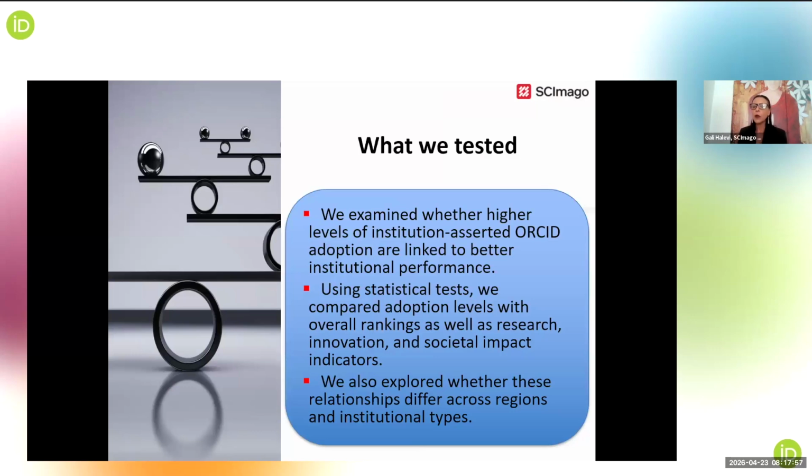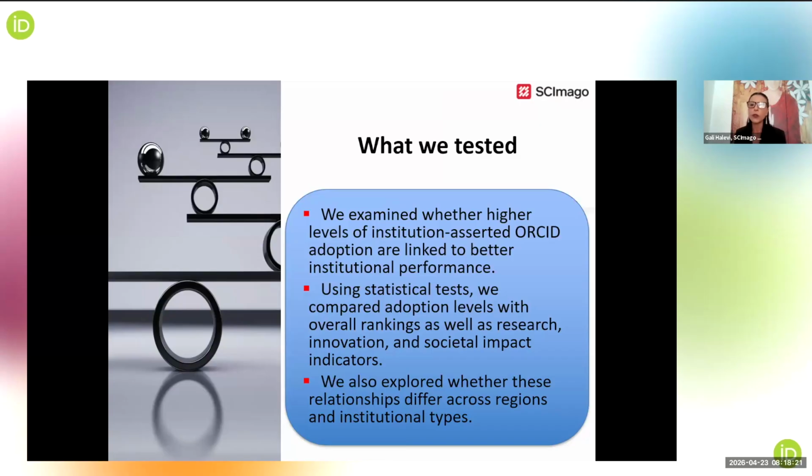So what we tested was we examined whether high levels of institutional asserted ORCID adoption are linked to institutional performance. We used several statistical tests to compare adoption level with overall rankings, as well as research, innovation, societal impact indicators.